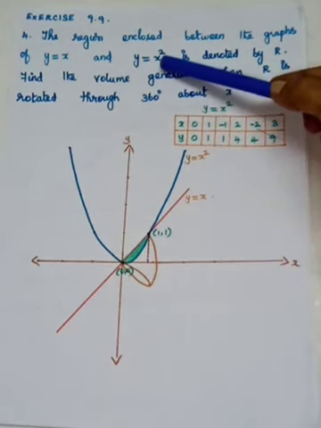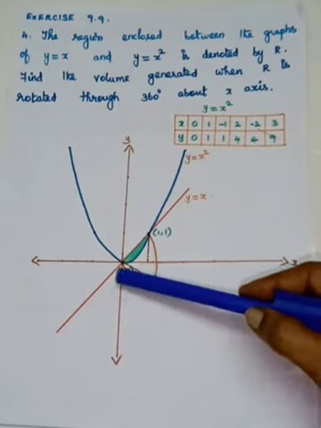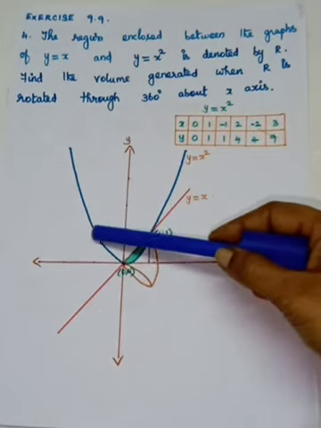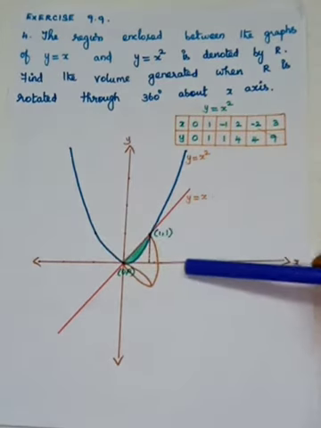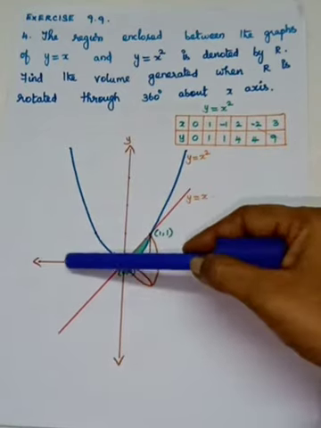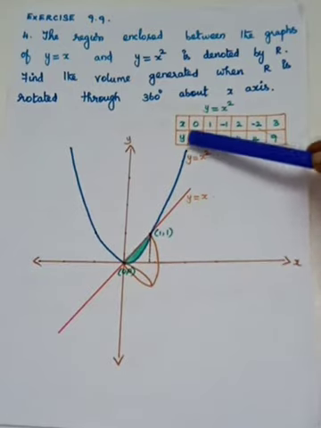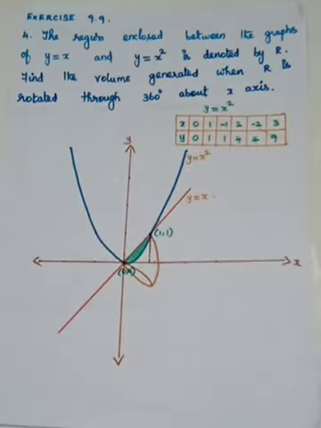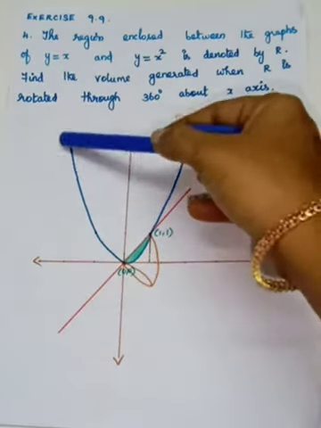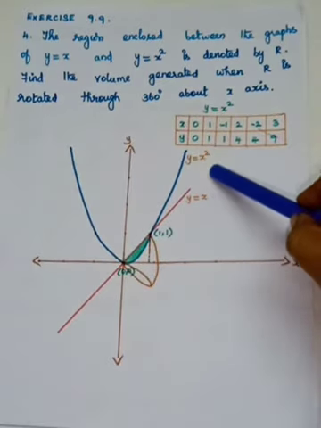Put x is equal to 2, it is 4, and minus 2 also gives 4. Therefore the points are 0 comma 0, 1 comma 1, minus 1 comma 1, 2 comma 4, minus 2 comma 4, and 3 comma 9, minus 3 comma 9. The blue color curve is the parabola y is equal to x squared, which passes through the origin.